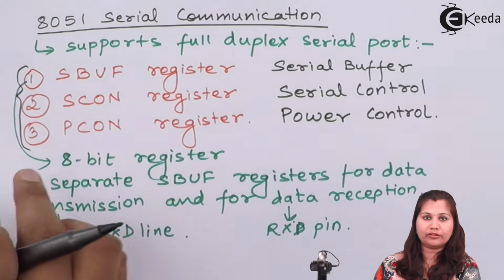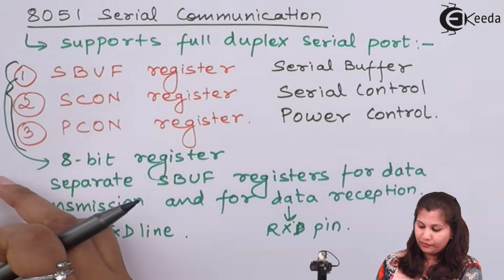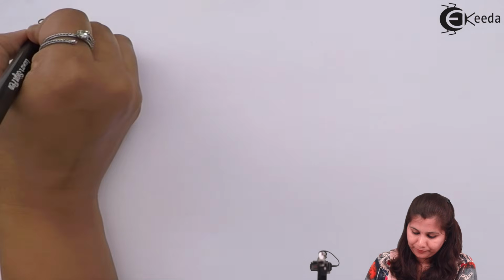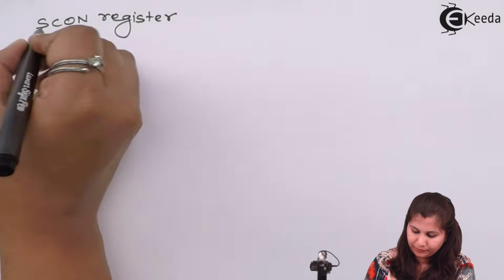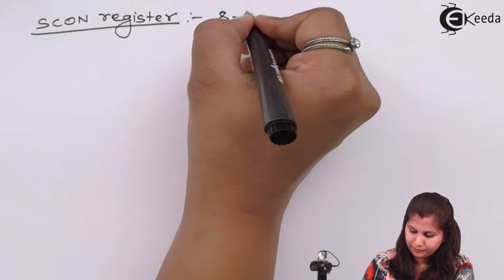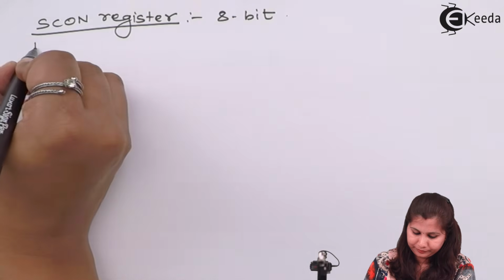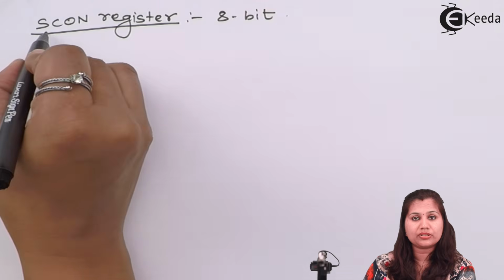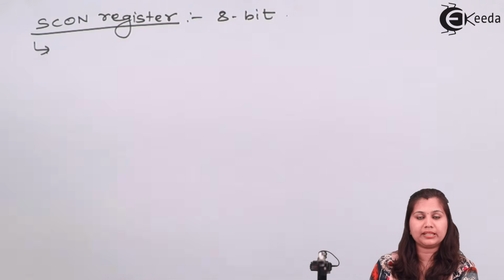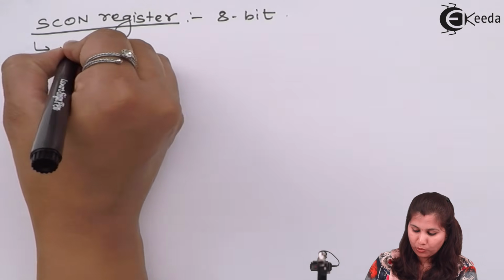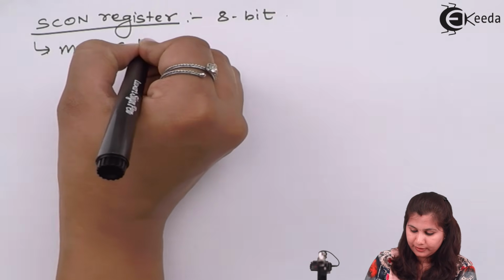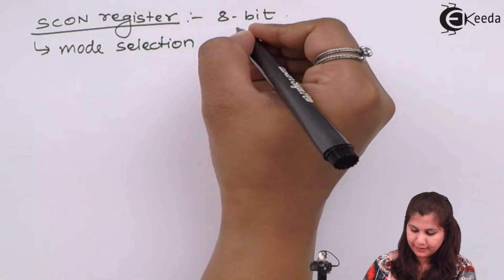Next we have the SCON register, that is serial control. This register is also an 8-bit register, and it is used for different purposes. Because this register has 8 bits, each bit has some function associated with it. It can be used for mode selection bits.